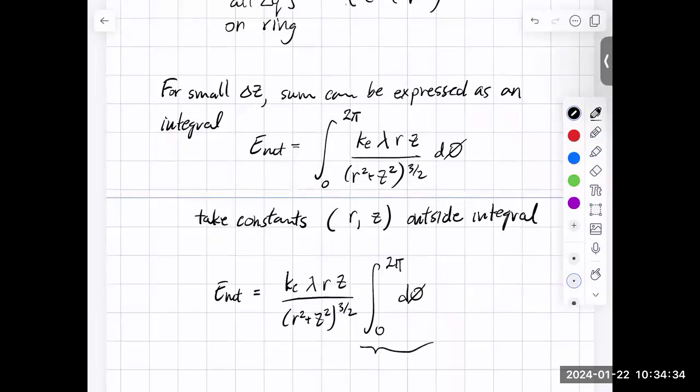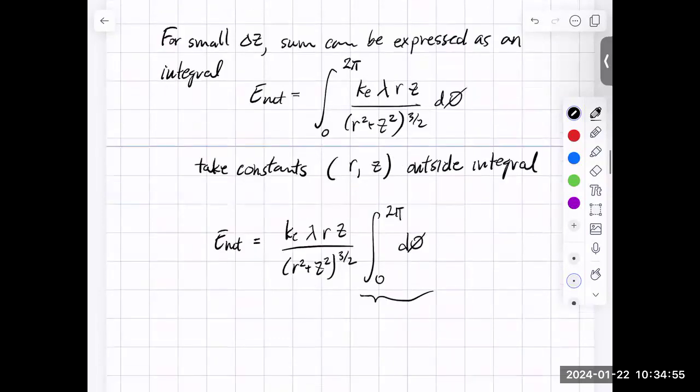So the integral of d phi from 0 to 2 pi essentially says add up all the small little angular steps until you go around the whole circle. So if I add up all the little d phis, what's the total change in angle? Well, it's just 2 pi. So all of this just evaluates to 2 pi.